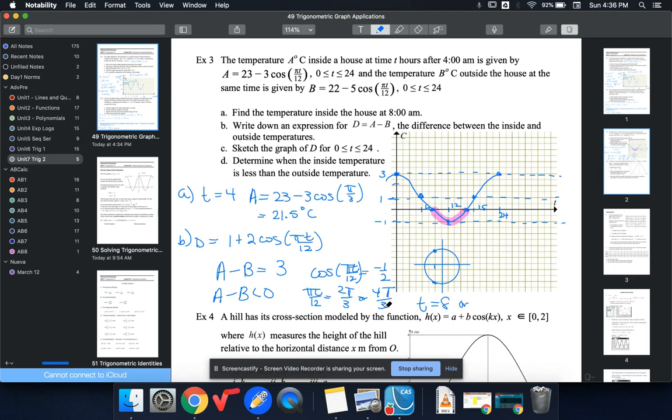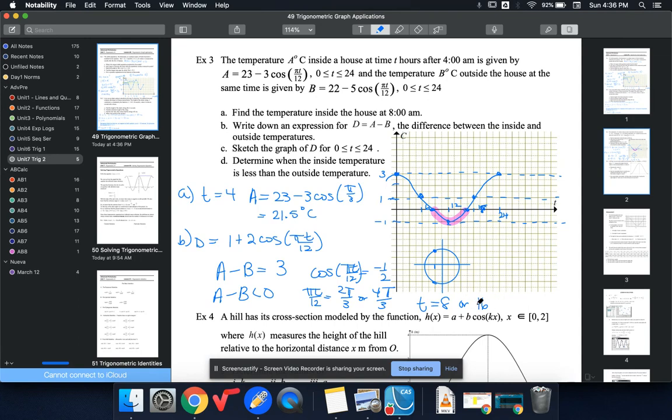Or, again, when I cancel, I'm going to get 16, which makes sense looking, oh no, the 16 does not make sense looking at my graph. So if I multiplied by 12, that is 4 pi over 3. 6, 12. It looks like it should be something like, oh, this is 18, not 15.